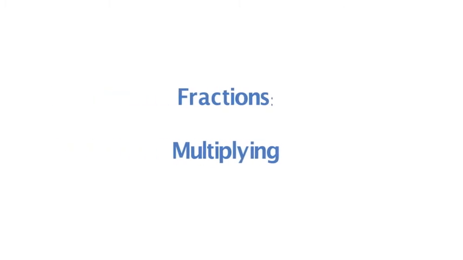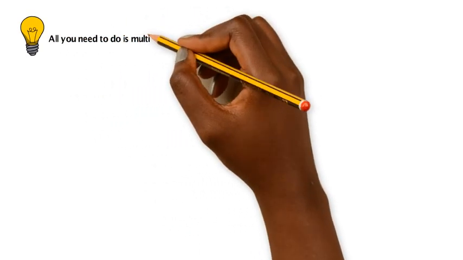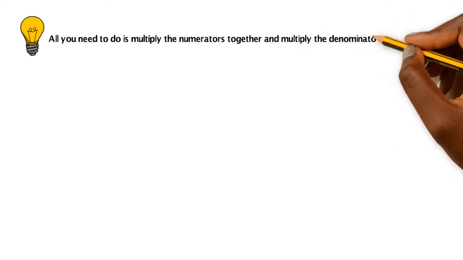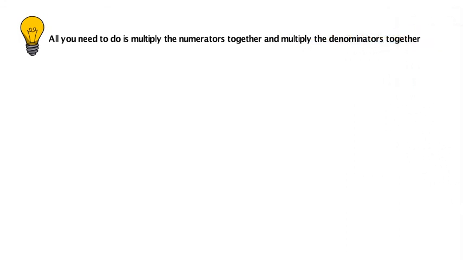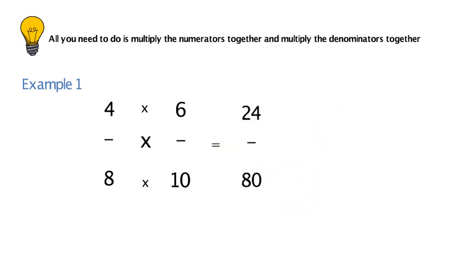Multiplying. Notice that all you need to do is multiply the numerators together and the denominators together. That's literally it. Example 1. If we have 4 over 8 and multiply that by 6 over 10, this leaves you with 24 over 80.